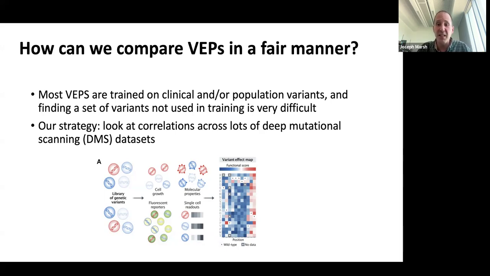Then you have some sort of phenotypic selection, often transforming cells with the variants and then looking at how fast they grow. Then you use deep sequencing to track the variants at different times, and you can convert the growth rates of variants into fitness effects. So you can get an experimentally determined variant effect map for all possible variants within a protein.